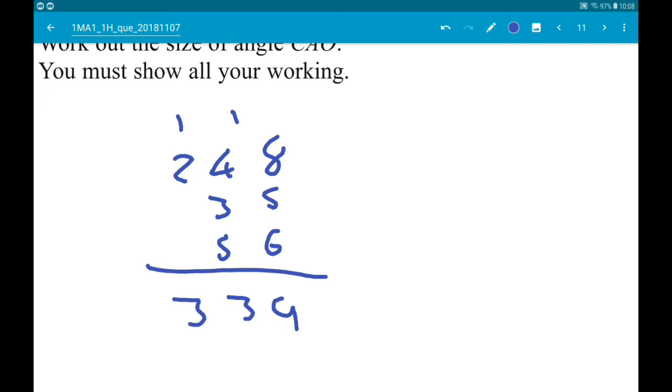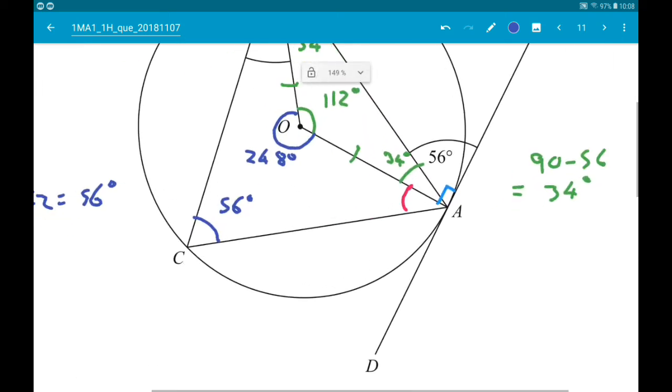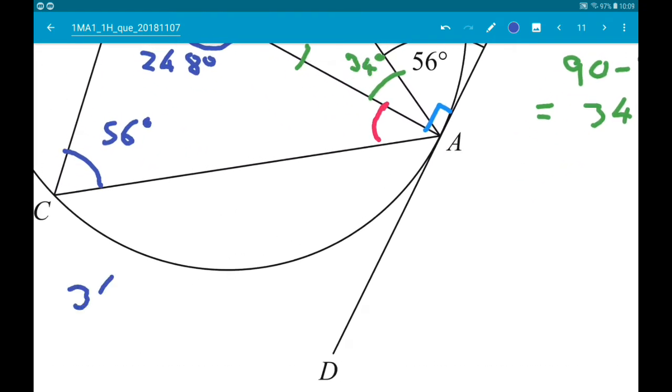So at the moment all the angles inside the arrowhead add to 339. So our guy is then 360 minus 339, which is 21 degrees.